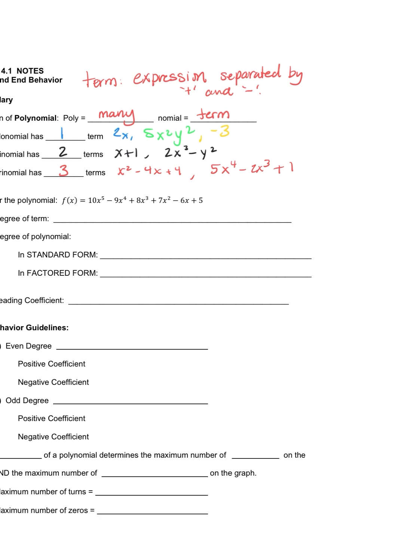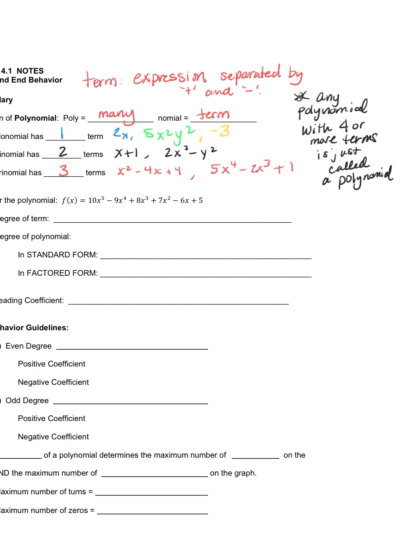Okay, and note that any polynomial with 4 or more terms is just a polynomial. It doesn't have a special name.